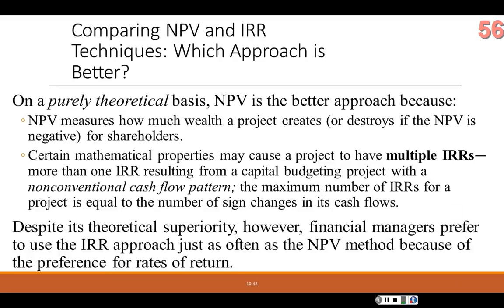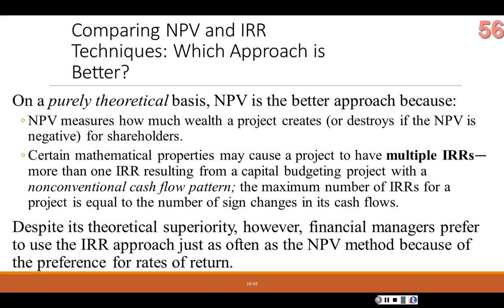On a purely theoretical basis, the net present value is better because it measures how much wealth a project creates. And there are certain mathematical properties that may cause a project to have multiple internal rates of return. More than one internal rate of return from a capital budgeting project will result when the cash flows follow a non-conventional pattern.